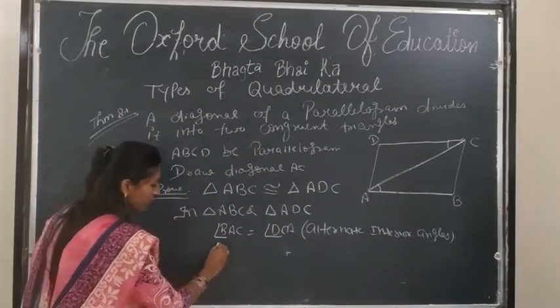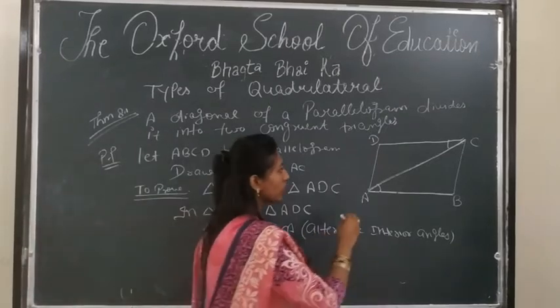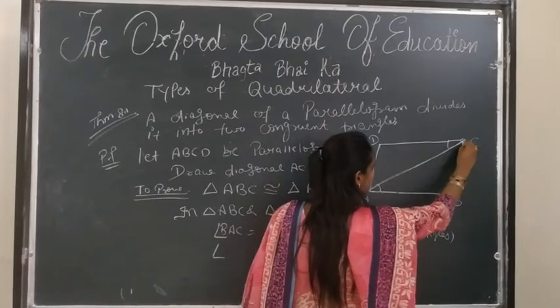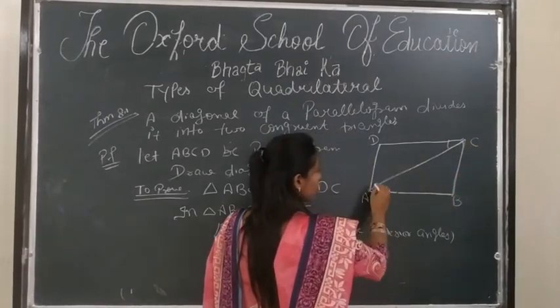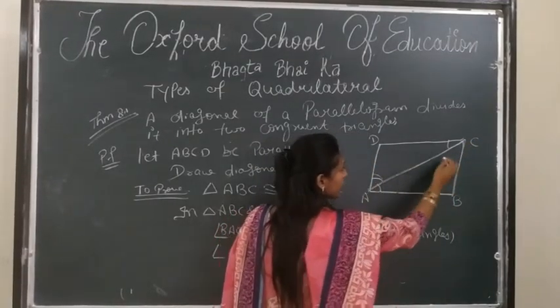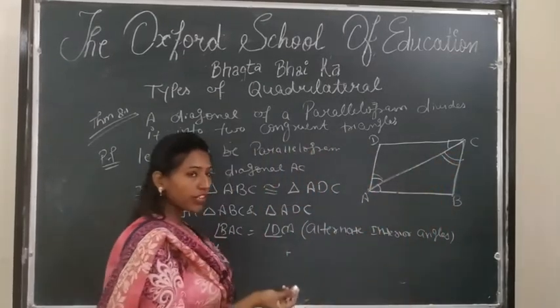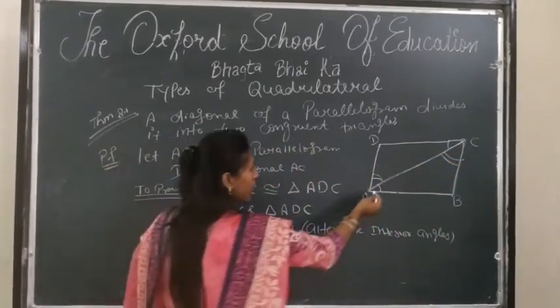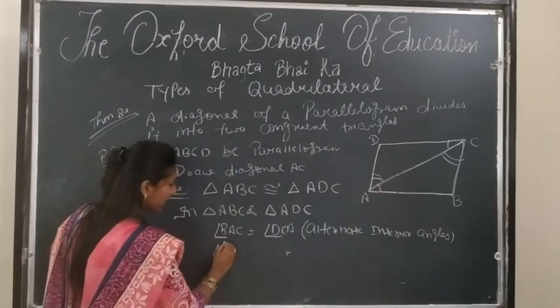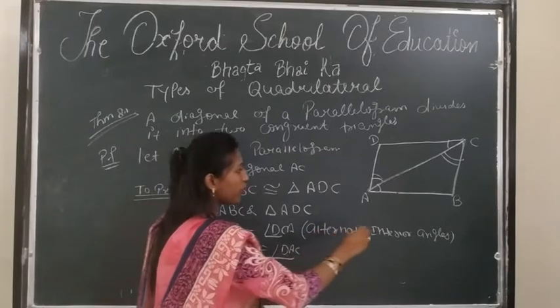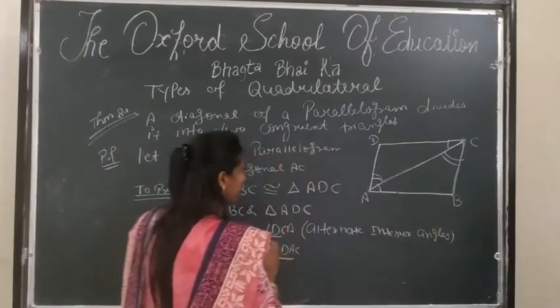Now also, this and this line are parallel, so this angle is equal to this angle by alternate interior angles. The name of this angle is angle DAC and the name of this angle is angle BCA.